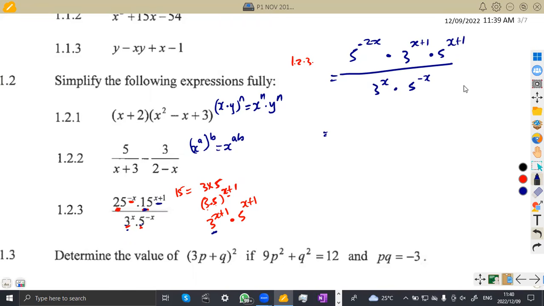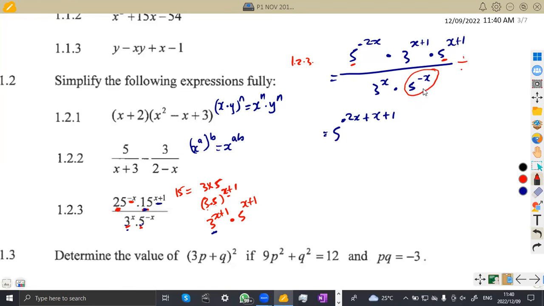So from our laws of exponents, we know that if we are multiplying bases which are the same, we are going to add the exponents. So that means we are going to have 5 to the exponent of negative 2x. The bases will remain as they are. All you do is add the exponents. If you're adding them, there's no need for brackets, just write the expressions as they are. So you're going to add x plus 1 of this 5. But here we also have another 5 in the denominator, after dividing, having 5 to the exponent of negative x.